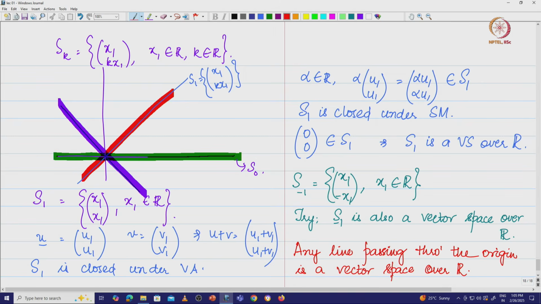In fact, you could even have this guy 0 comma x1, that means my y axis, that is also a line passing through the origin. So what is interesting is all these fellows do not contain all the points in R2, but they just contain a subset of points in R2, and this subset of points have all the properties of the vector space R2.